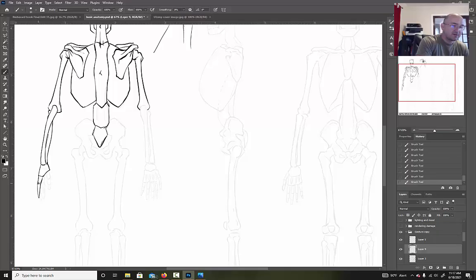So again, I'm not going to really concern myself too much with the bones in the hand right now. When we start drawing flesh, we'll get a little bit more into detail on them.